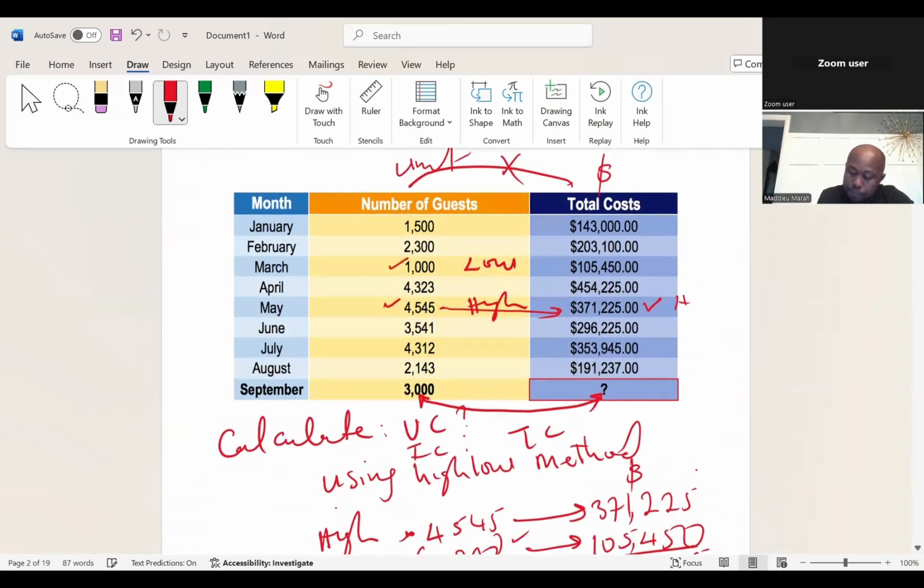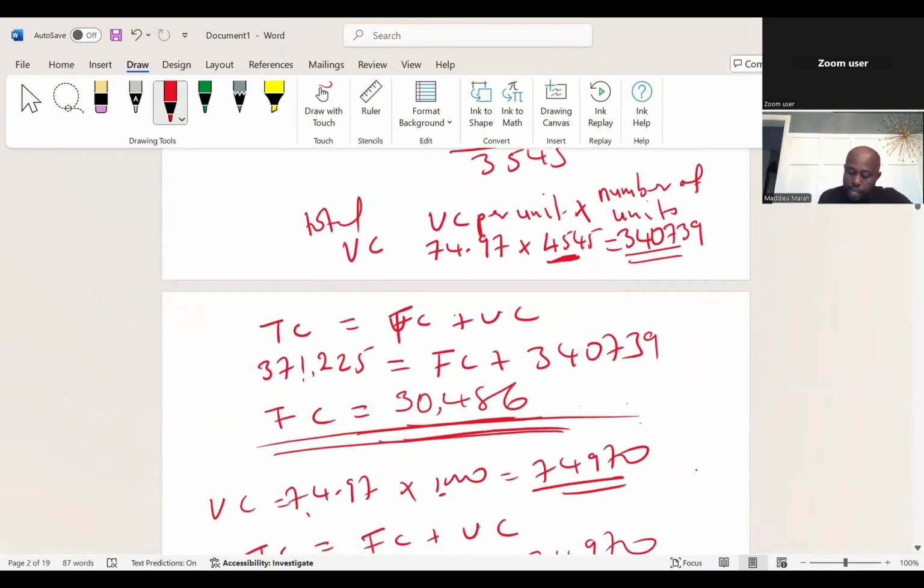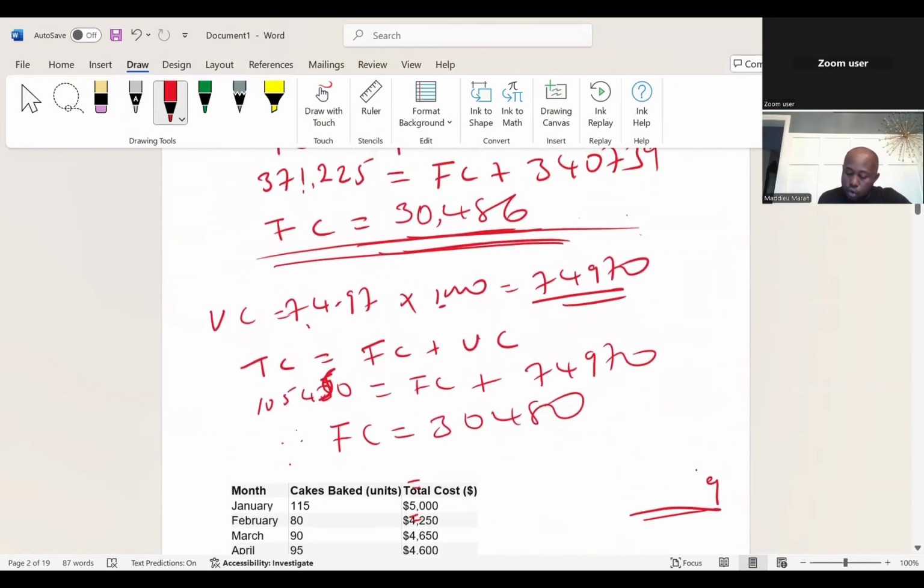Because I use this 1,000 as my low activity, then definitely I'm going to use this 105 as my total cost. Then I have my variable cost here in total, and I will arrive at the same answer. See? So whichever method you use, you get the same answer.